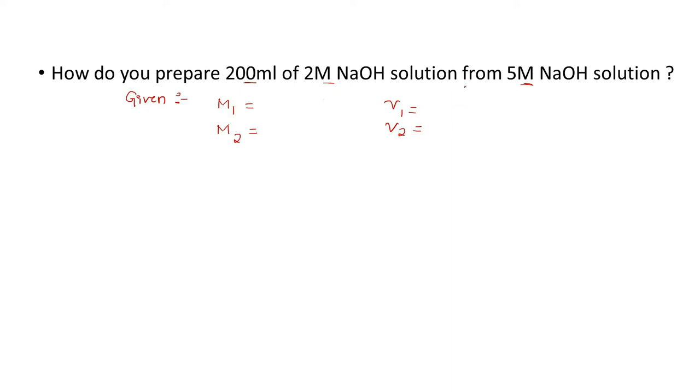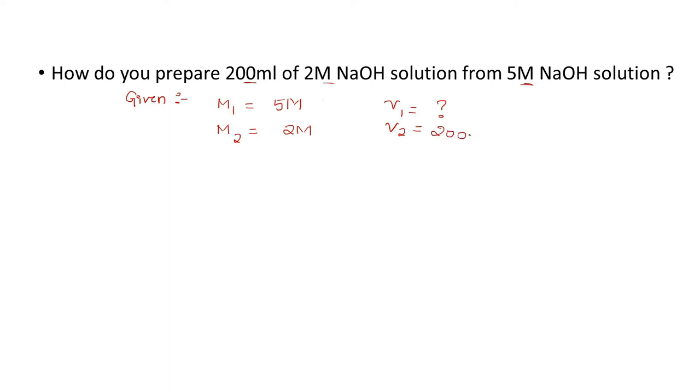So M1, as I said, is the initial concentration. They have given the initial concentration, that is 5 molar. Next, V1, have they given any kind of initial volume? No, they have not given any kind of initial volume. M2 is the final concentration. Finally, what you get, that is the 2 molar. What will be the final volume? How do you prepare 200 ml? They have mentioned it.